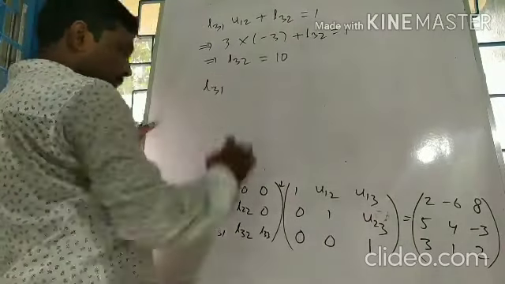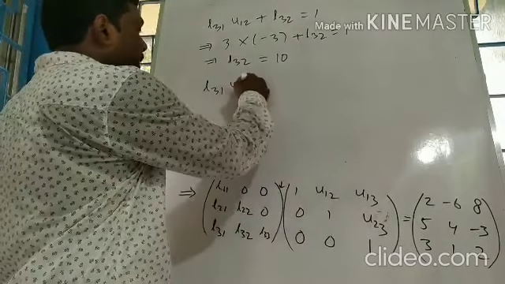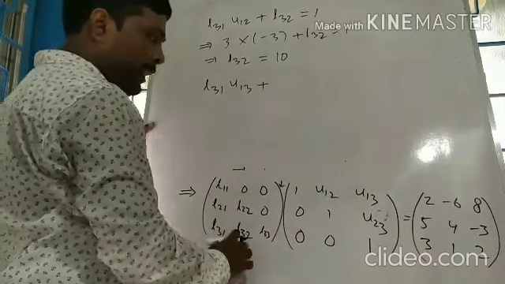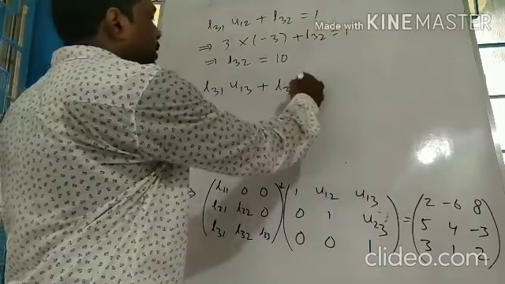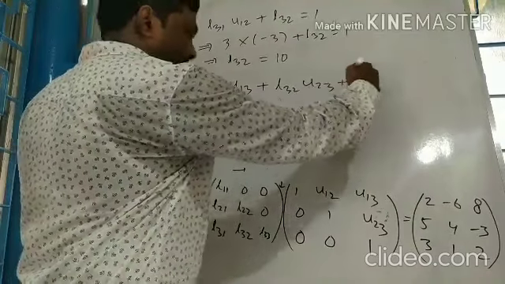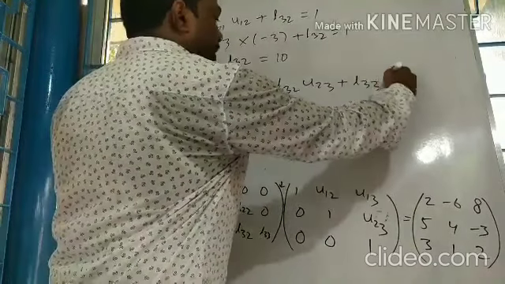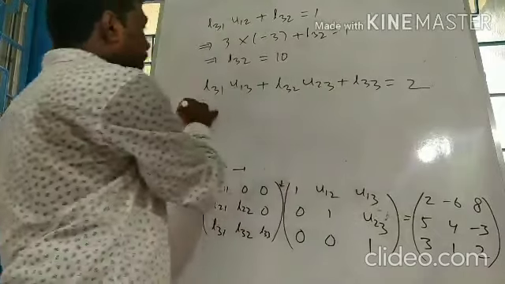Next, third row, third column: L31 into U13 plus L32 into U23 plus L33 equals 2.